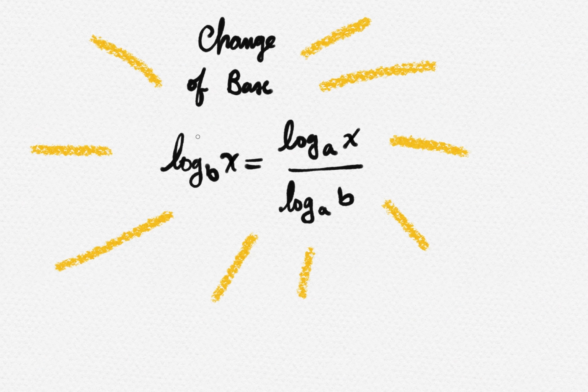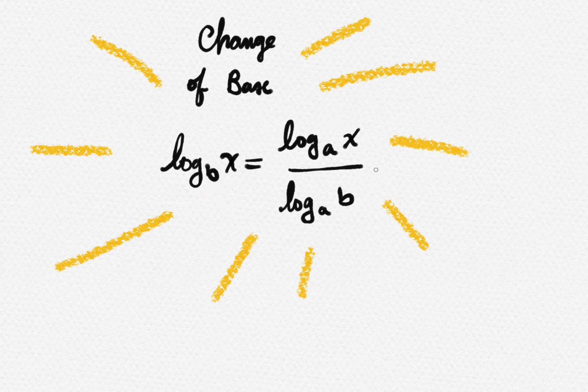And now, the moment you've all been waiting for, the change of base formula. So what this says is that the base b log of x is equal to the base a log of x divided by the base a log of b, the base of the original thing that you started with. So it's kind of hard to see why this might actually be useful.